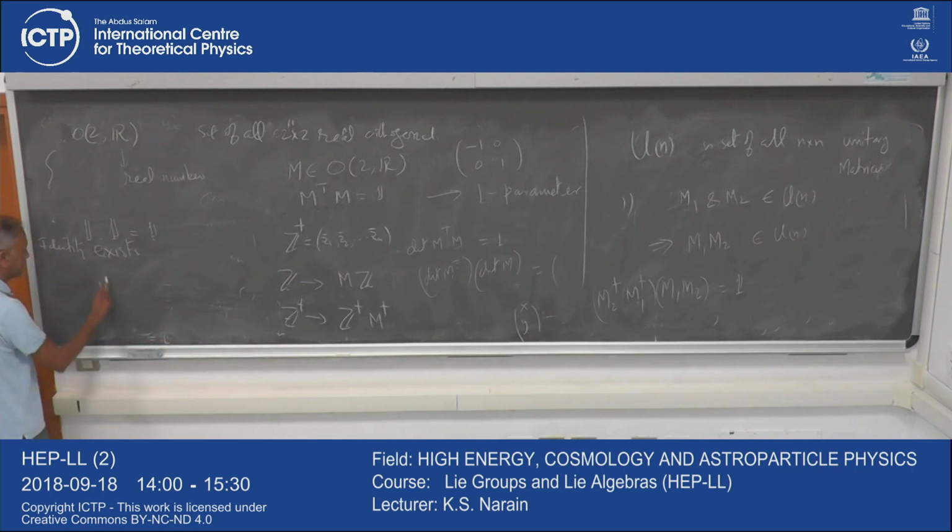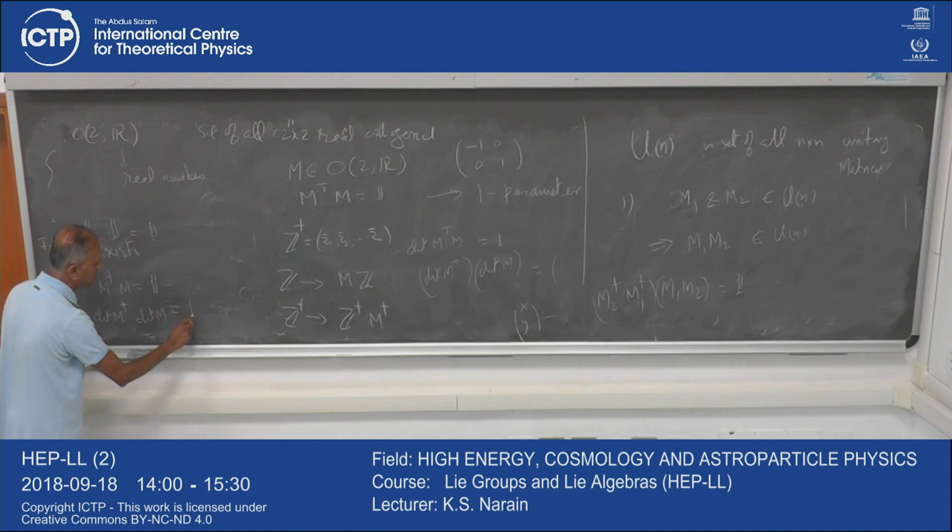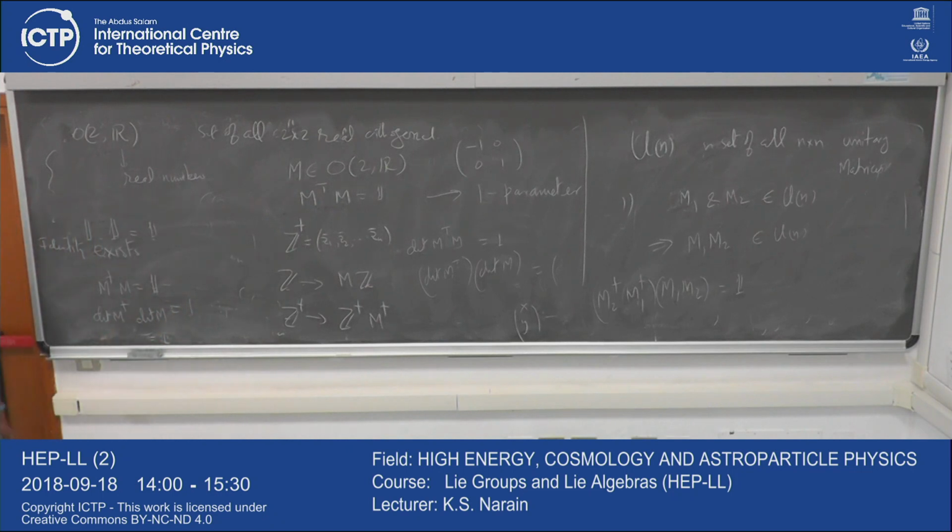So we have M dagger M equal to identity. Take the determinant on both sides. Here you will get the determinant of M dagger times the determinant of M, and on that side you get 1, since the determinant of identity is 1. But the dagger is the transpose and complex conjugate. The determinant of a transpose is the same as the determinant of the original matrix.